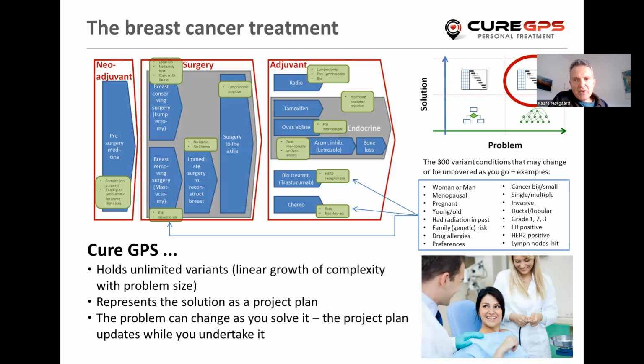It represents the solution as a project plan, so it will be mapped out like you're used to as a project, a treatment project in this case. And just be reminded that the problem may change as you try to solve it, meaning that some of the variables like her weight, for instance, might change during treatment, and that means certain things have to change as well.